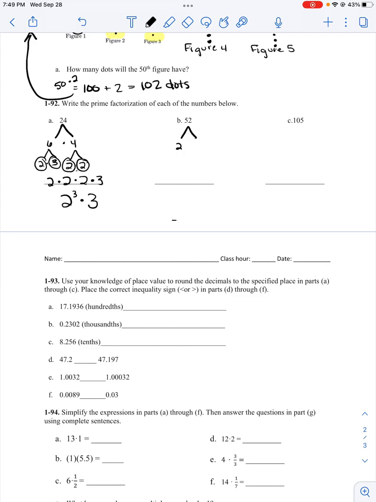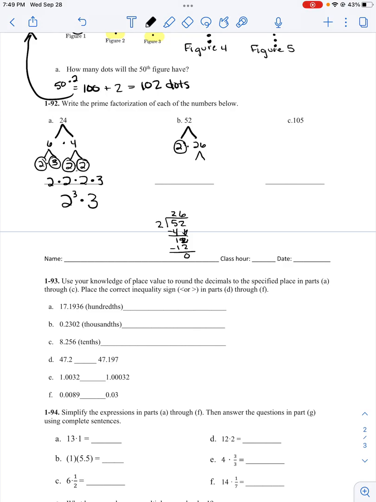And if I don't know it, I can always do my long division, or use a calculator. 2 goes into 5 2 times, which leaves 1. I drop down my 2. 2 times 6 is 12. And that's my answer. So 2 times 26 is 52.